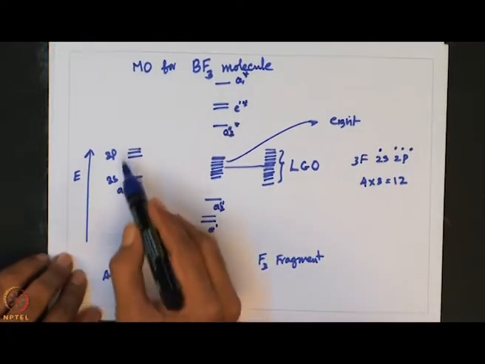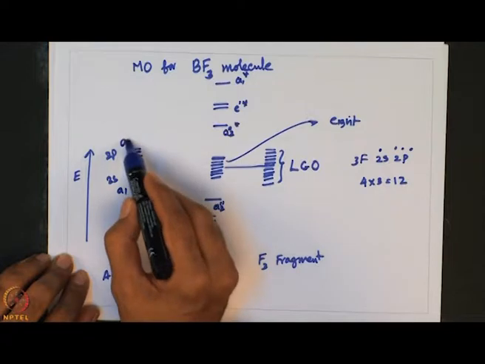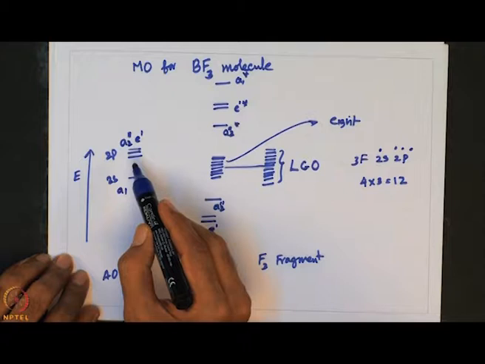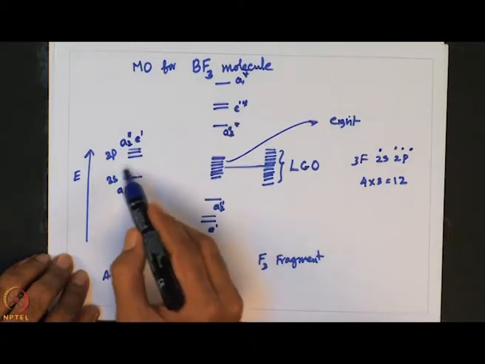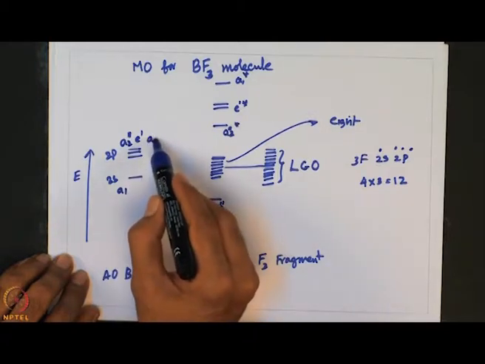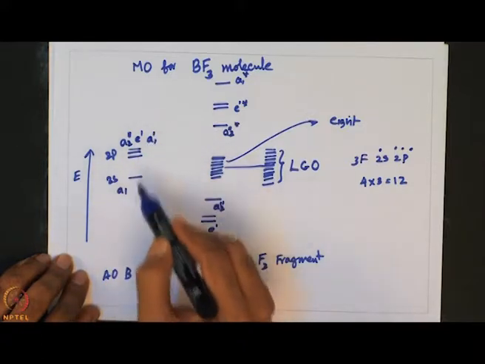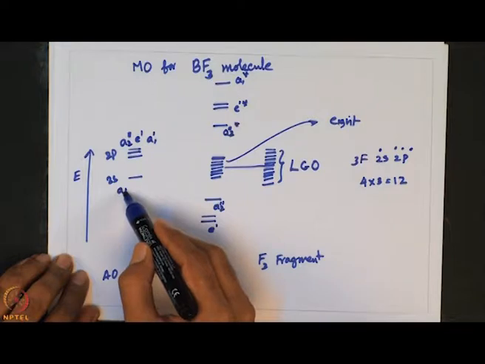Let me write here first A2 prime and E prime and A1 prime. So, A1 prime I have already given here.